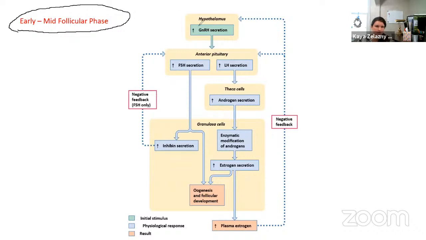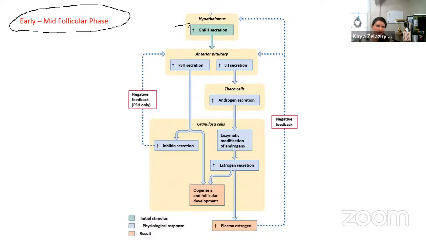Okay. So the first signal in this flowchart is gonadotropin releasing hormone, and that's coming from the hypothalamus. We talked about that when we were doing the endocrine unit. We're not really going to focus on that for this unit, but hopefully you remember that hormones are secreted from the anterior pituitary.